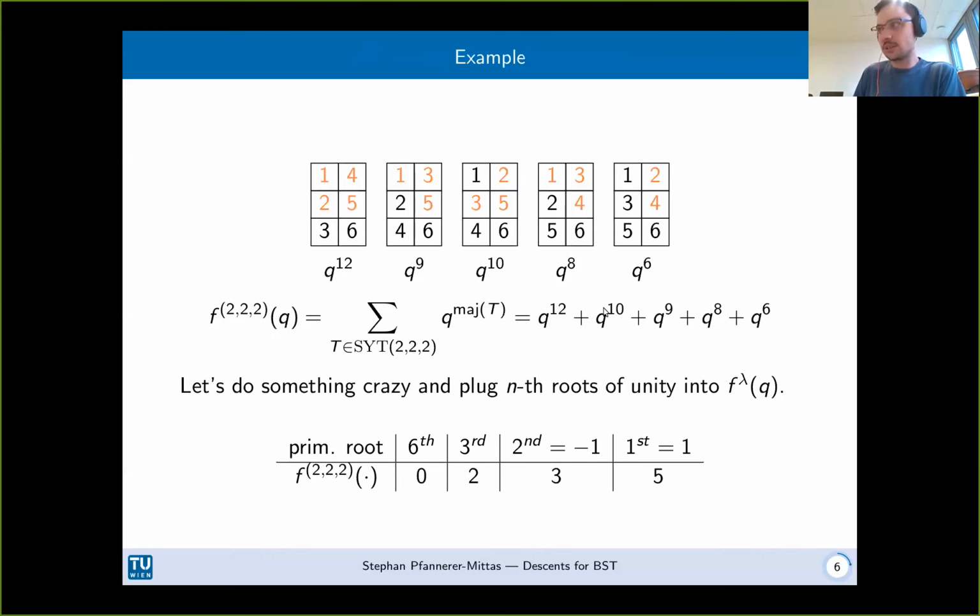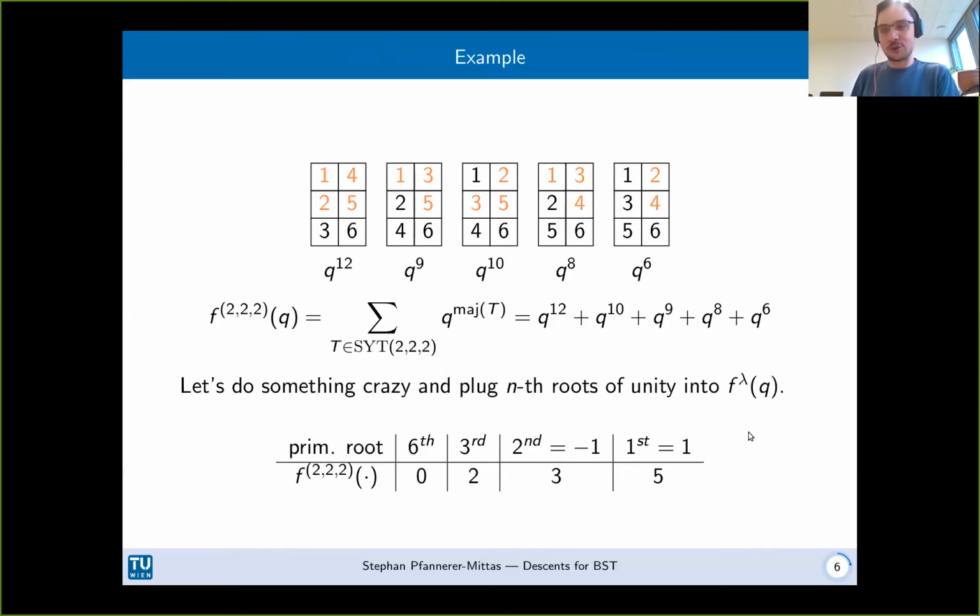So we have 1 plus 1 minus 1 plus 1 plus 1, with one cancellation, so we get 3. And if we do the other ones, maybe with the help of Sage or your favorite computer algebra system, we get 0 and 2.